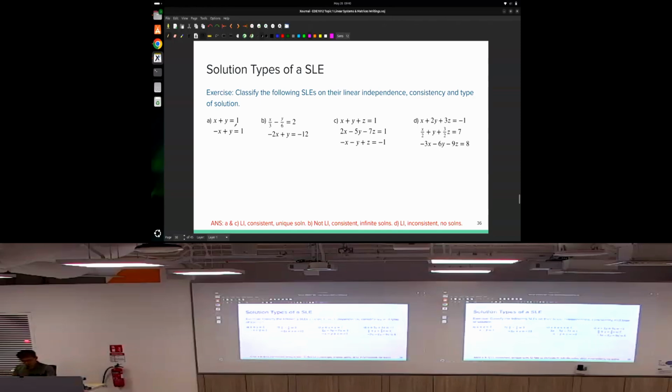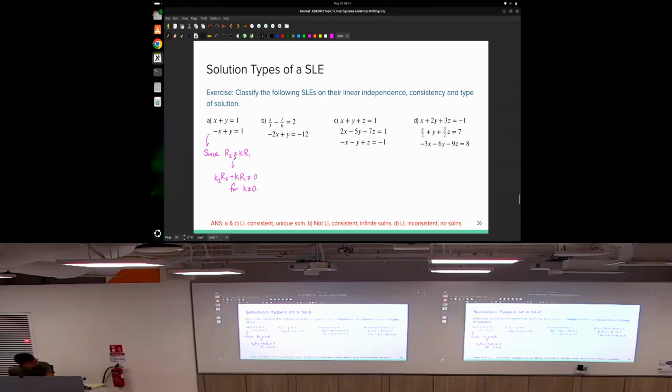So since row 2 is not equal to some constant k times row 1, then row 2 plus k row 1 cannot be equivalent to 0, for k not equal to 0. Actually I should write k2 row 2 plus k1 row 1.